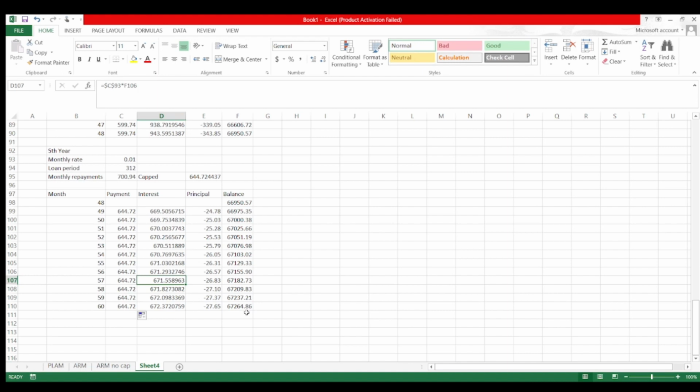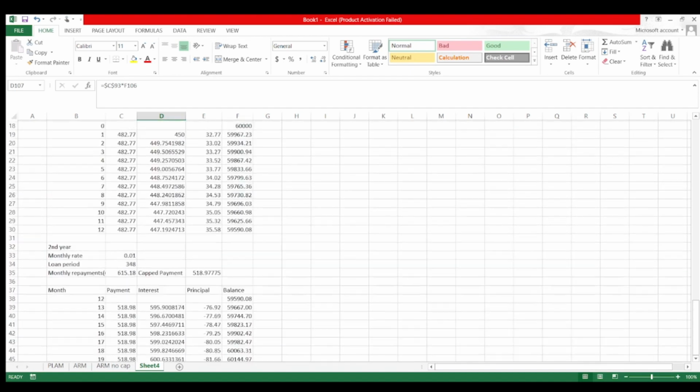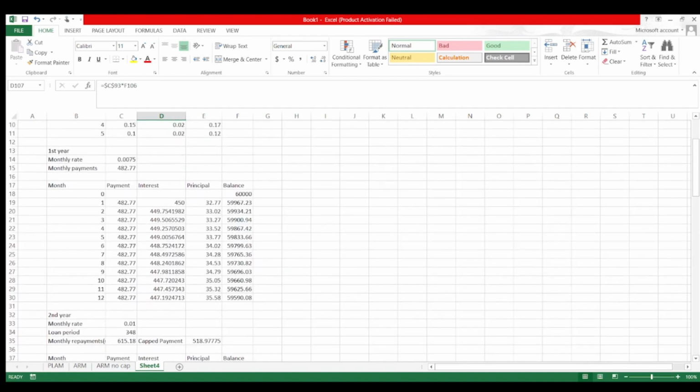And note, this amount is higher than the loan at the beginning, which was $60,000.